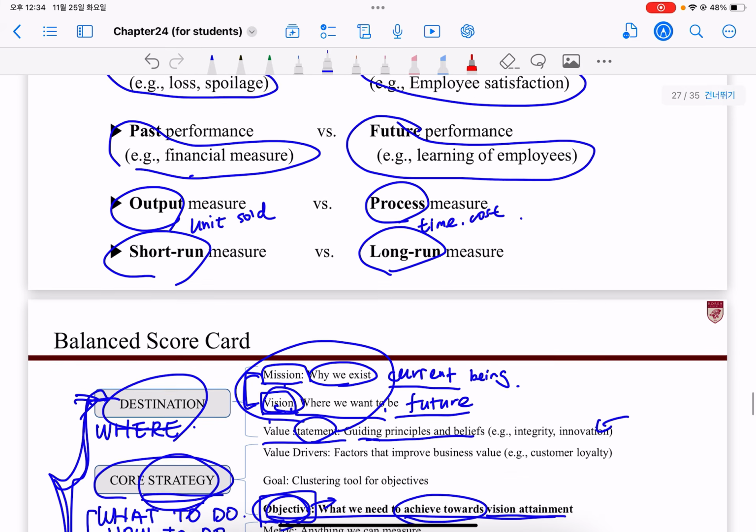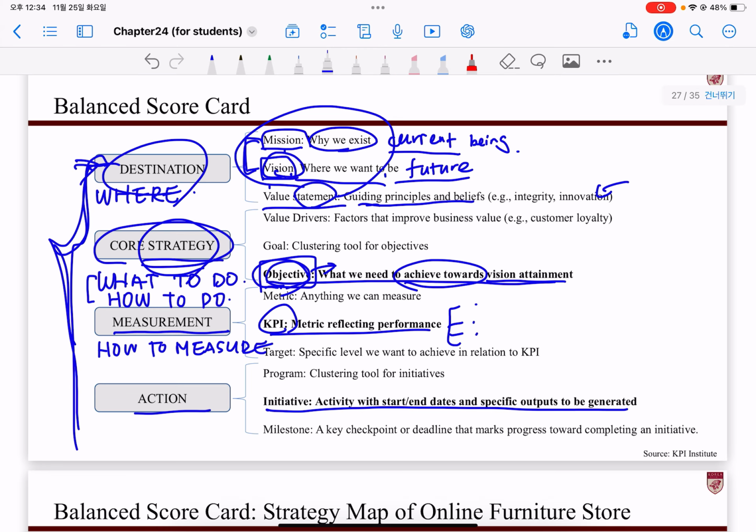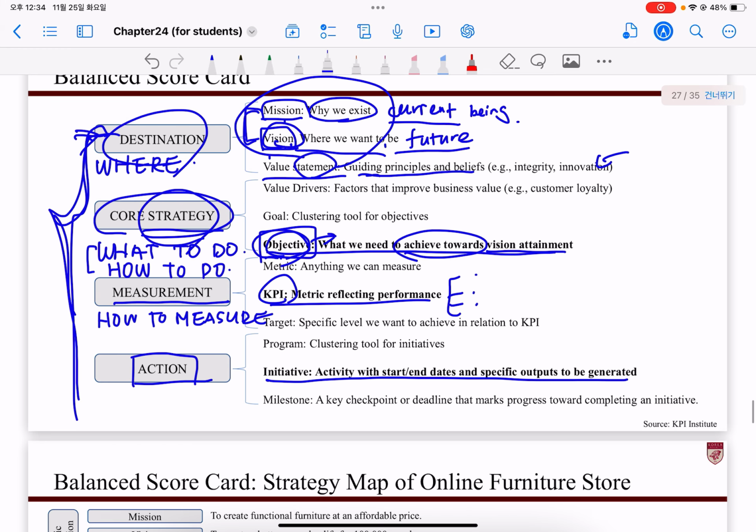And then after having the measurement, every company segment and center manager has to take action, right? Towards meeting the target that we have set in the KPI, right? So in the measurement part, we have the target.